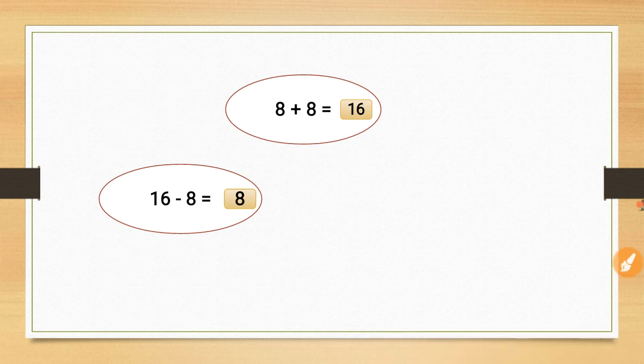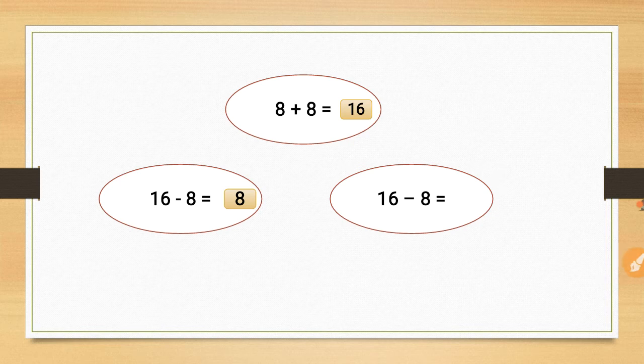Now we will see the next example here. Now when you take out the other example of subtraction, what do you get here? Answer 8. So what we understand here is, if we add the same number, we get only one example of subtraction.